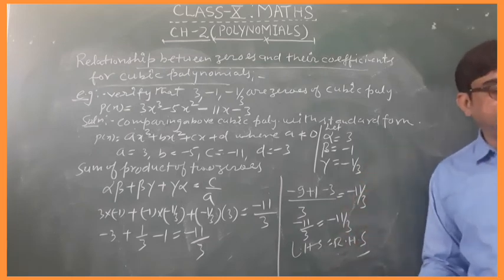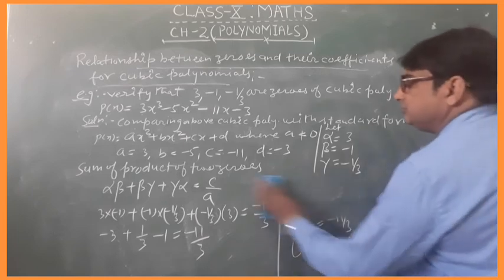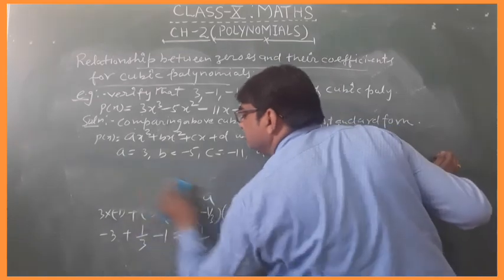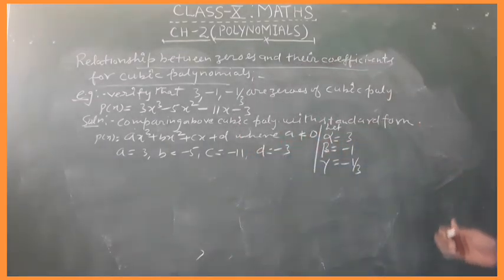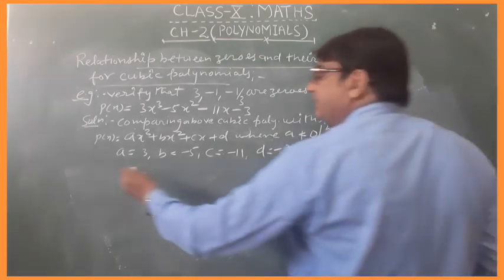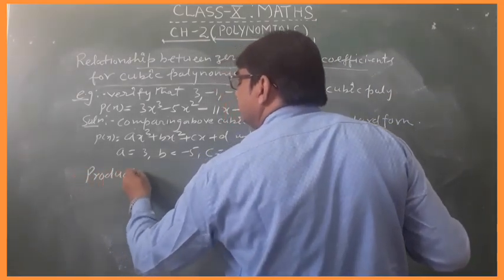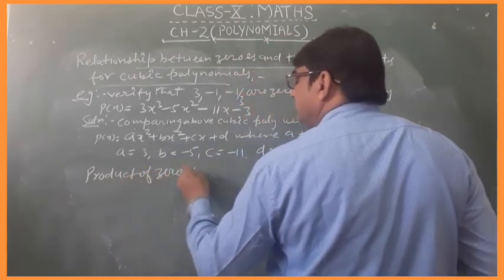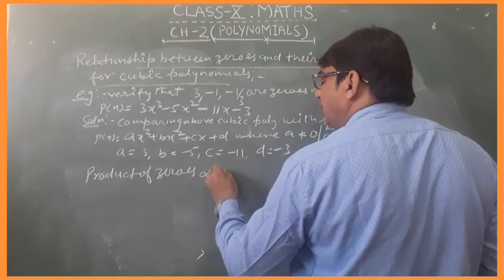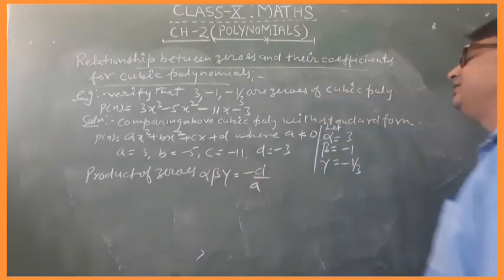After that, we will take the third relation, the product of zeros. The product of zeros, alpha beta gamma, is equal to minus d by a.